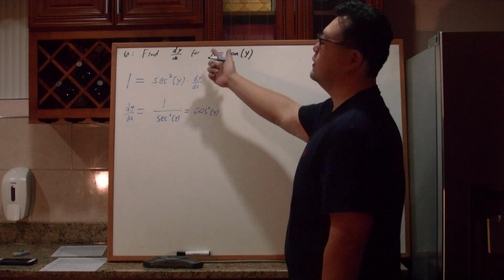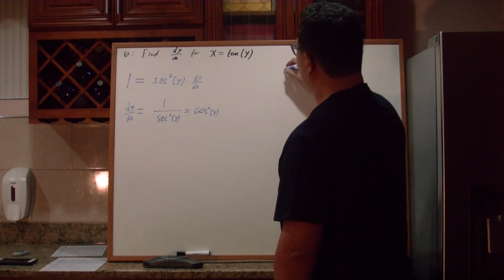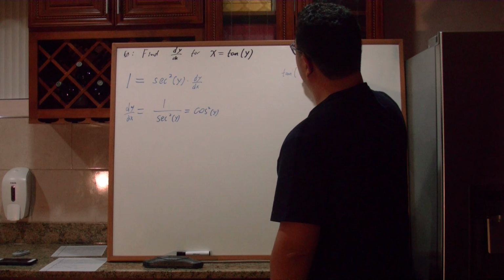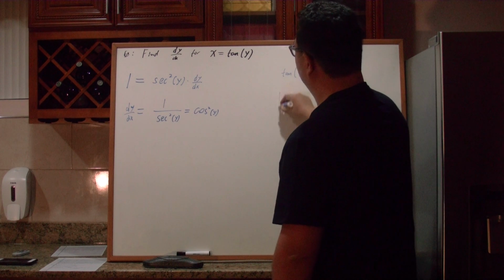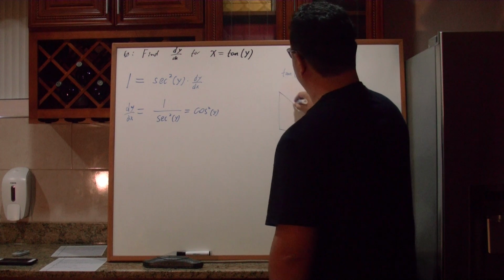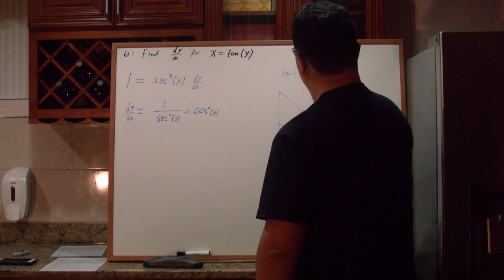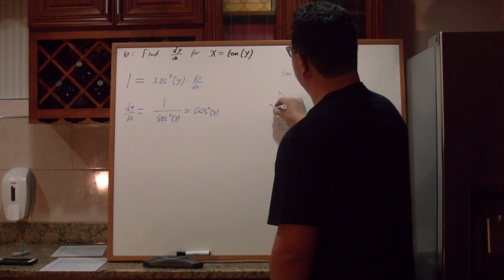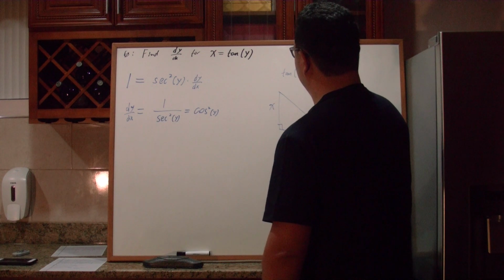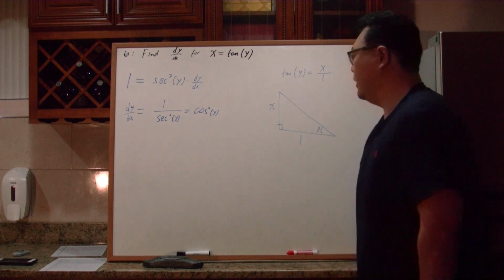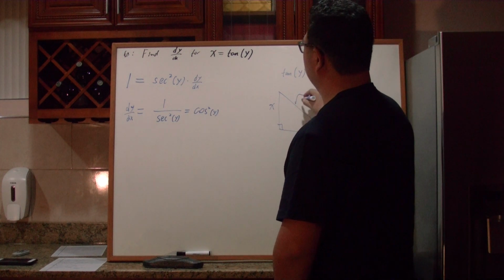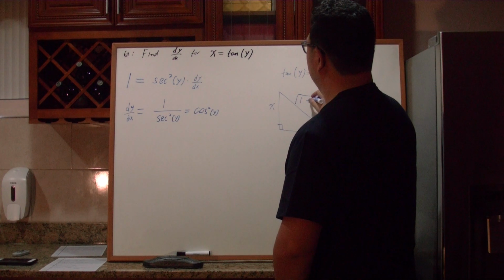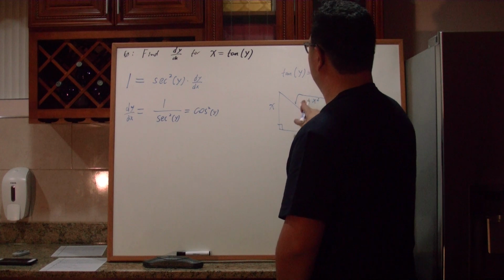If we treat y as an angle that has the trig value of x over 1, we get a triangle with angle y. The opposite over the adjacent is x over 1, and the hypotenuse is the square root of 1 plus x squared.